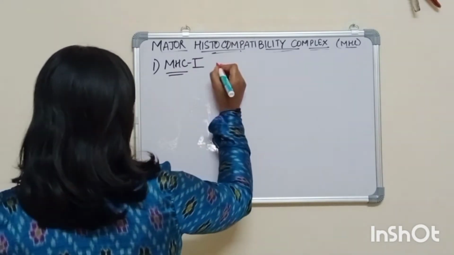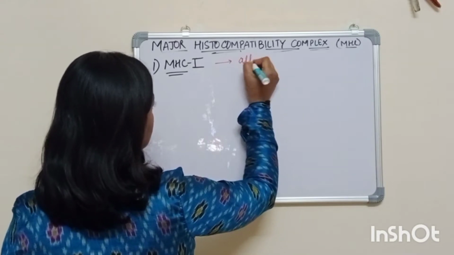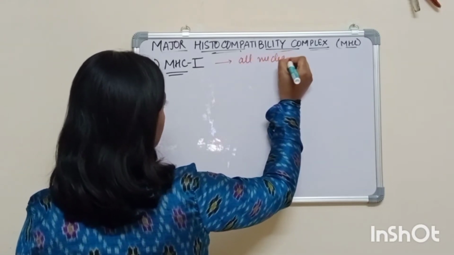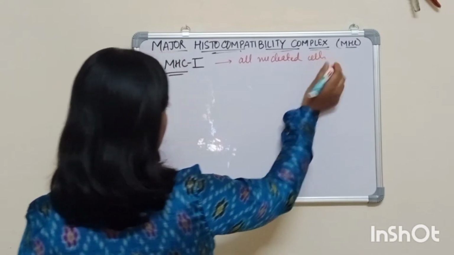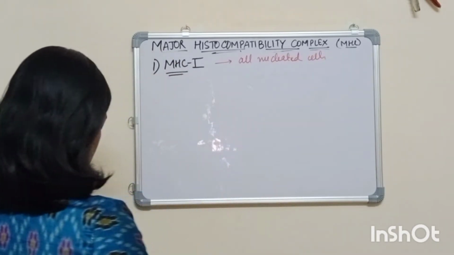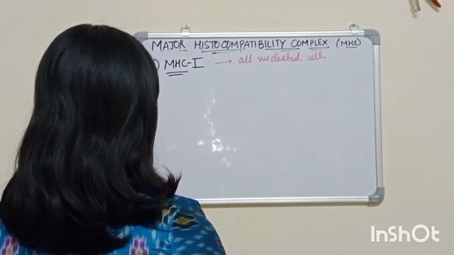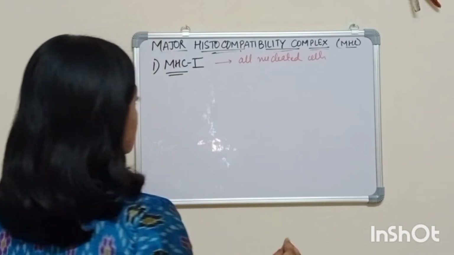So MHC1 is present in all nucleated cells. All nucleated cells means all the cells that come under the category of WBCs, like neutrophils, basophils, monocytes, leukocytes, B cells and T cells.